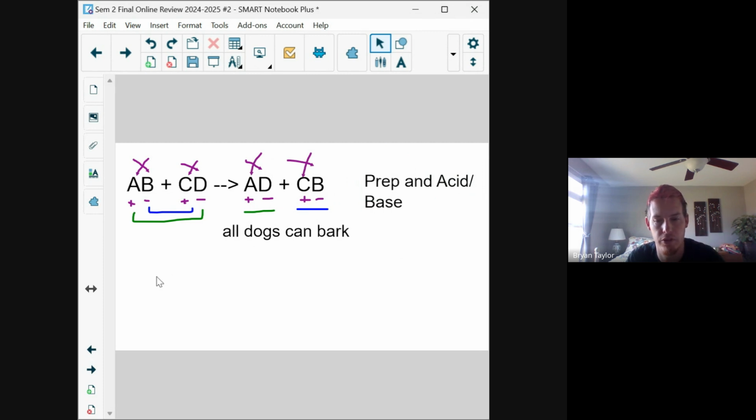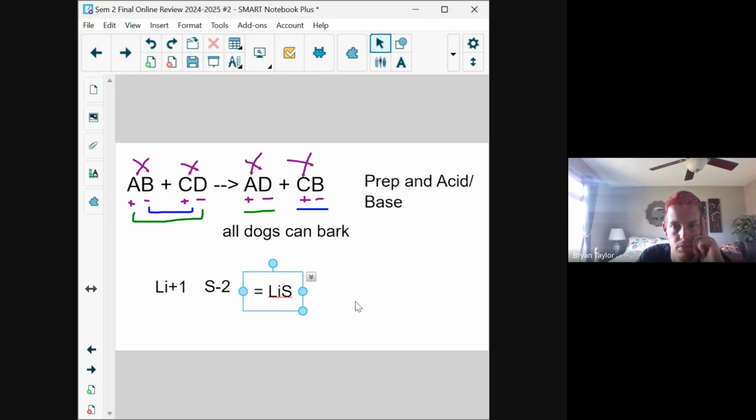In terms of the crisscross, if lithium is +1 and sulfur is -2, can I just put them together like this? Can I do this? Why not?